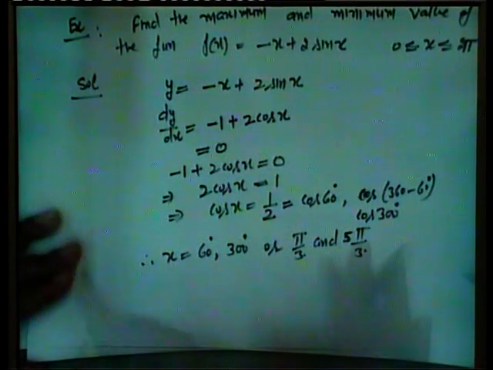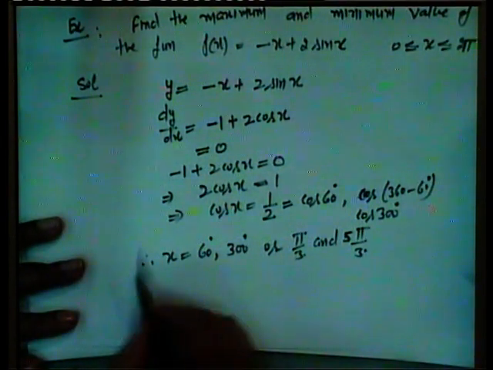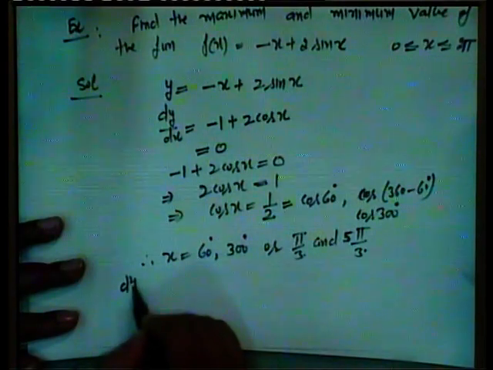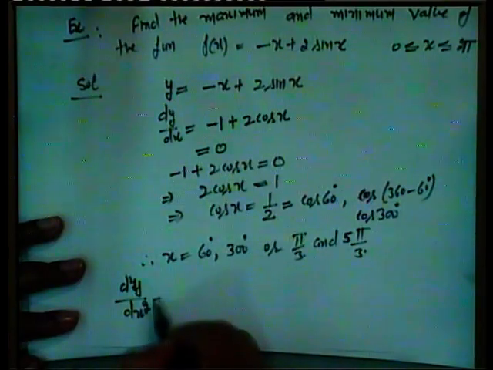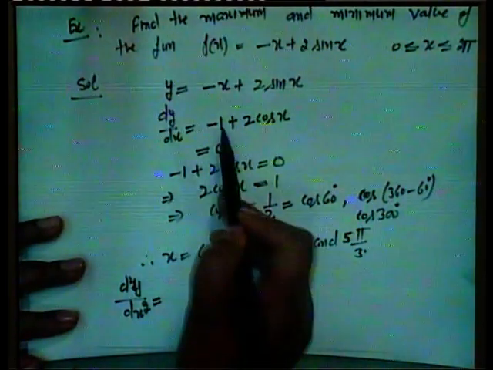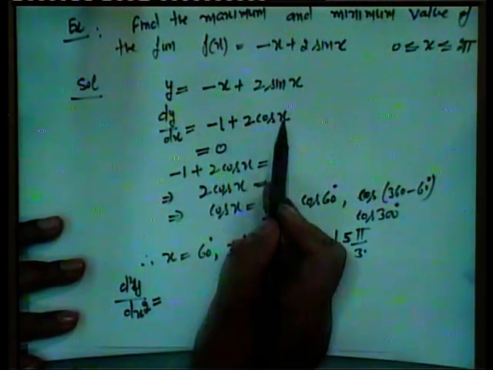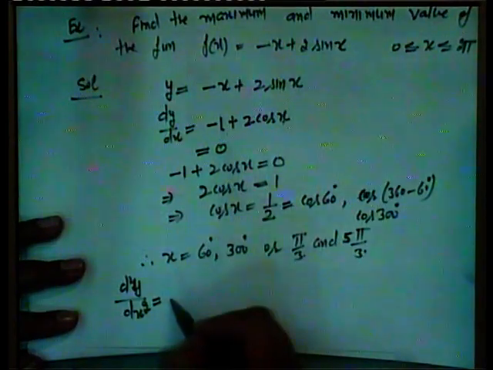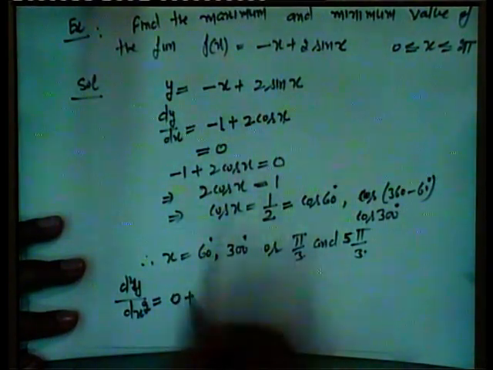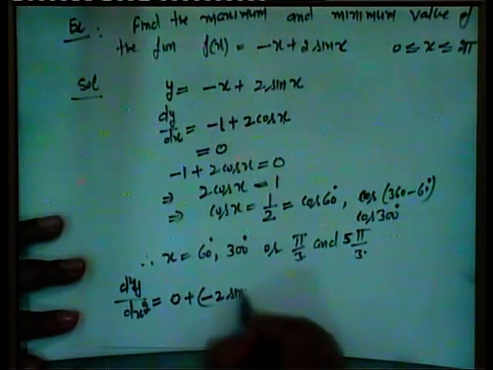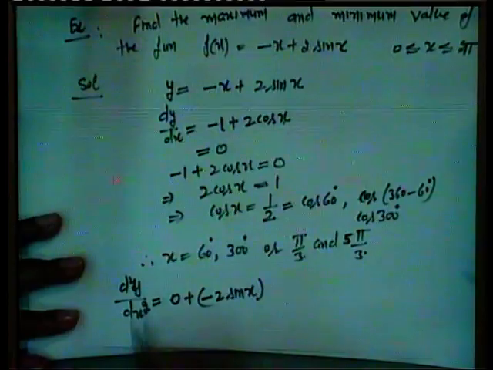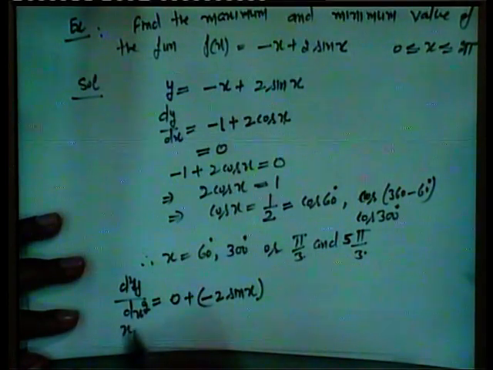Now, we will test these values for maxima and minima. For this, we will find d2y by dx square. dy by dx is minus 1 plus 2 cos x, derivative of minus 1 is 0 and derivative of cos x is minus sin x. Now, put x is equal to 60 degrees.